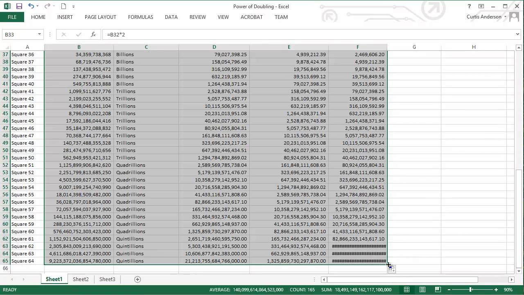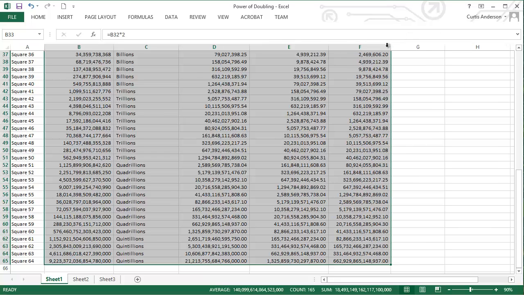Let's see what happens when we get all the way down to the bottom, 64. Wow. So now we get numbers that we didn't even know existed. Billions at 40 squares. Then we're going down here to trillions, quadrillions, which is the number set that comes after trillions, and then quintillions.